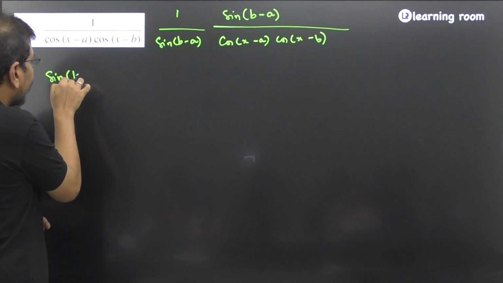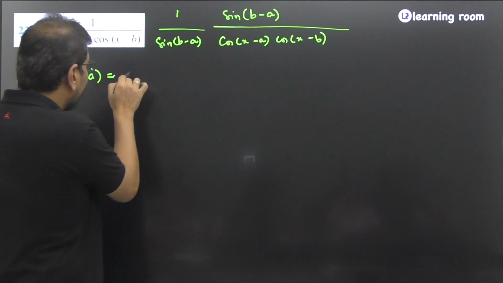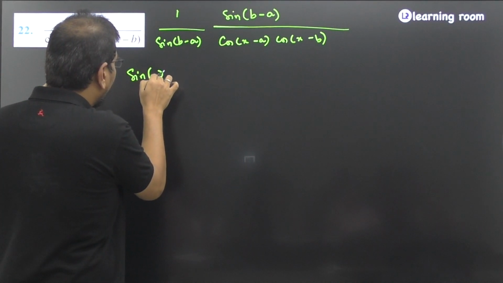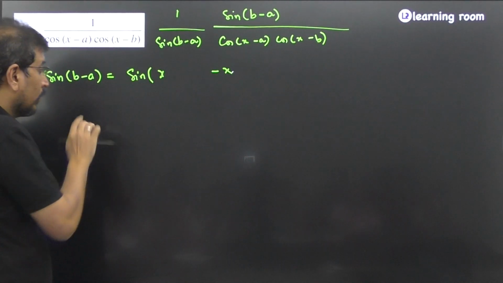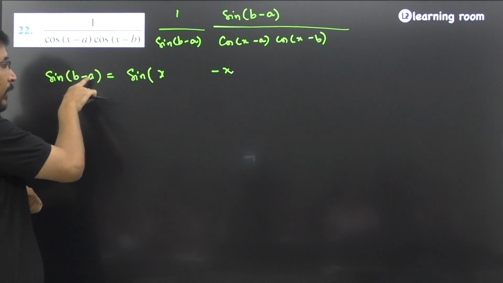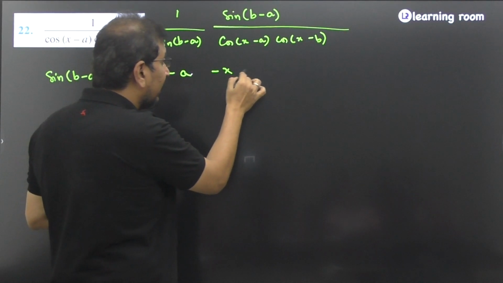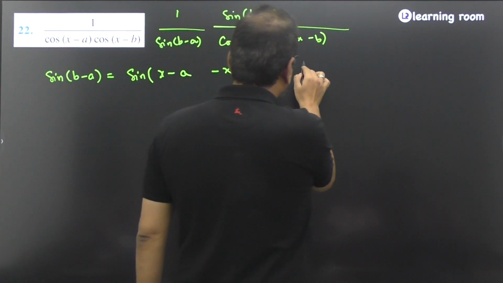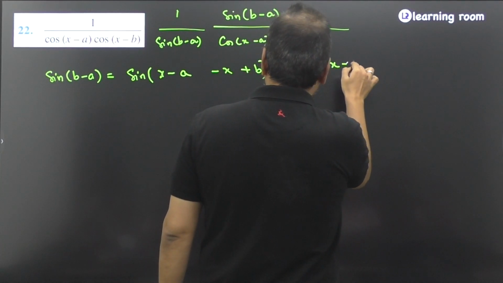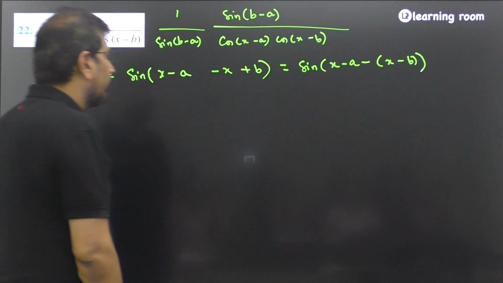But sine of b minus a, how can you write it as? I want x minus a to come. So I will write it as sine of, I'll add an x, I'll subtract an x. The x that I added, I'll combine it with minus a, and the x that I subtracted, I'll combine it with plus b. So this can be written as sine of x minus a minus of x minus b, right?